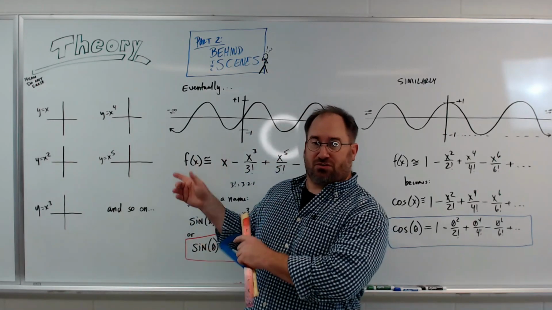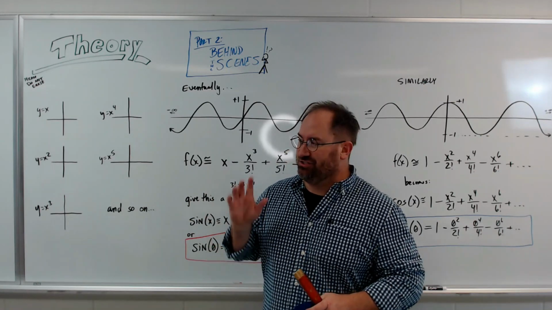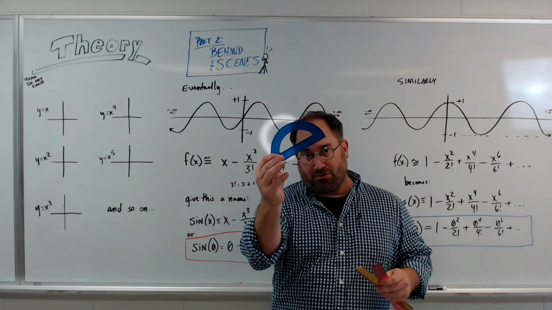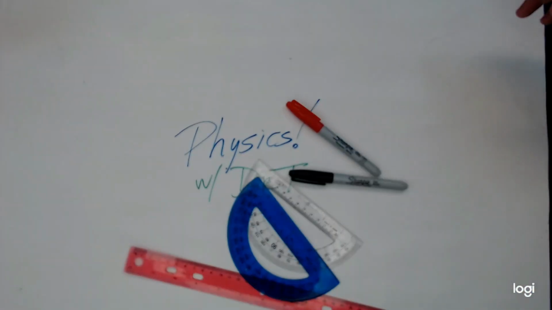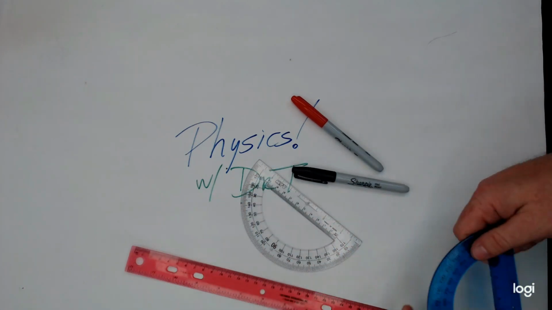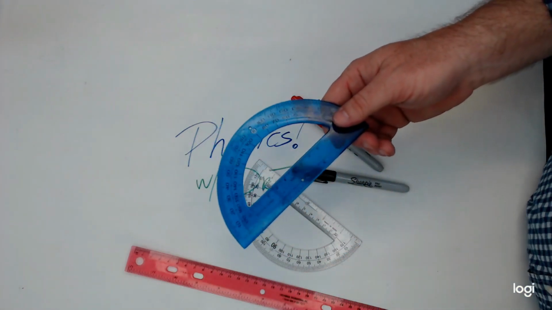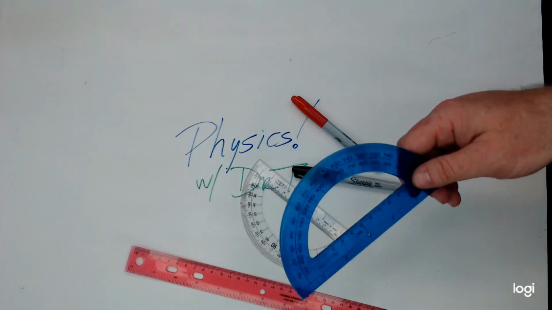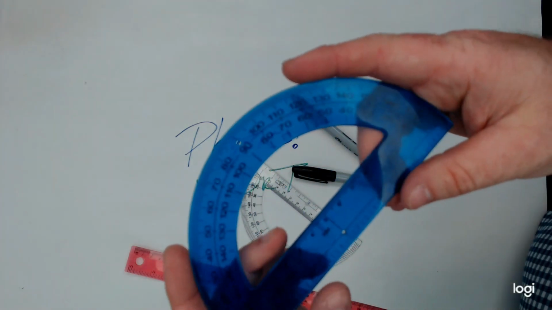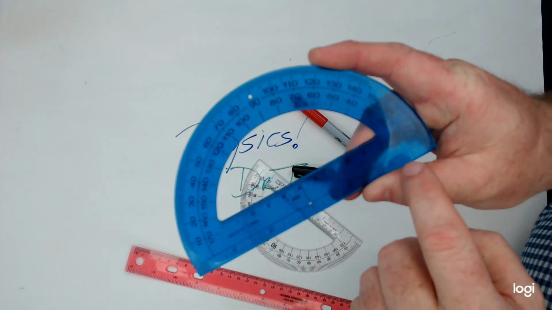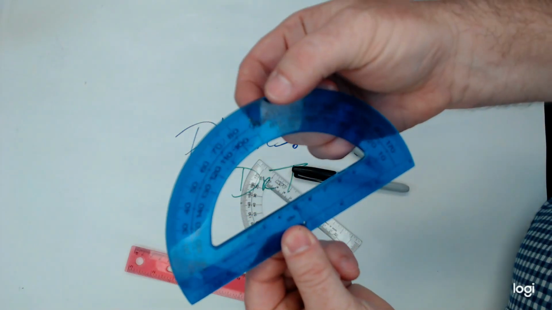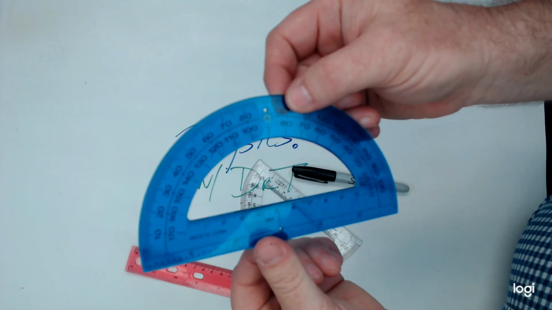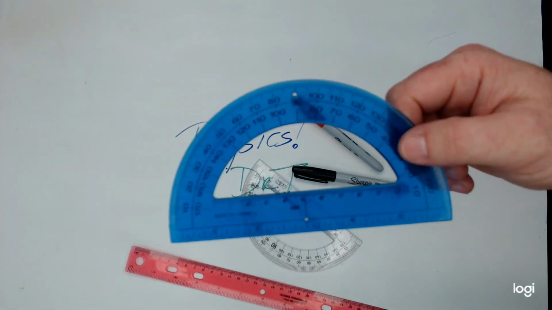So to do the SOHCAHTOA stuff and the calculations, you need a calculator. You also need a protractor, which I'll show you in just a second. So a protractor is a ruler for circles. As you recall, there's usually an inch scale and a centimeter scale ruler on these. There's a little dot right here and right here that will help you with alignment of something that you're trying to measure the angle compared to.